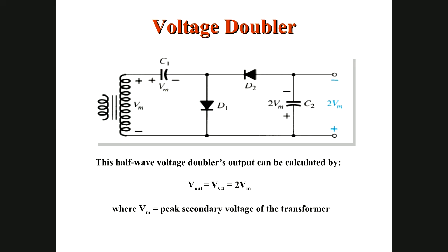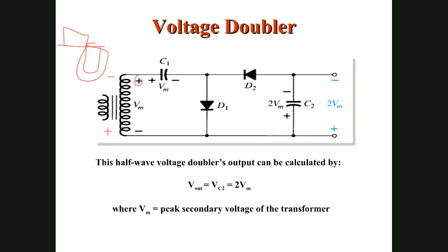Fine. Now this is the voltage, but as I was telling you, our input signal has positive and negative, so this voltage will change and it will become minus, and this will become plus in the next half cycle.